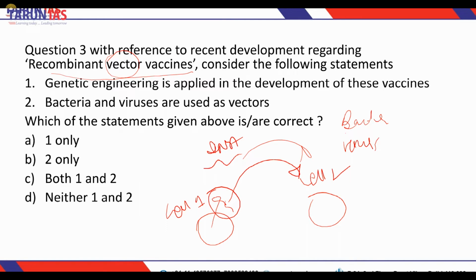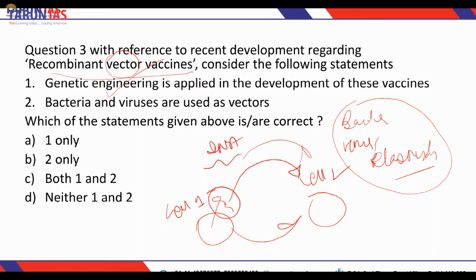Sometimes humans have artificially designed vectors which are known as plasmids. These act as vectors in order to transfer a gene from one cell to another, and this is called genetic engineering. So yes, genetic engineering is applied in the development of these vaccines, and yes, bacteria and viruses are used as vectors. Therefore, both the statements are correct. Hence, C will be our correct option.